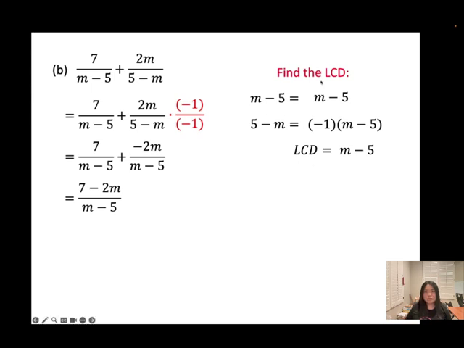Hey, make sure you guys understand this technique, okay? They look like each other, but this is not exactly the same thing because with subtraction the order does matter. Okay, m minus 5 is different from 5 minus m. So the only way is to factor out the negative 1. Okay, make it like the same thing.